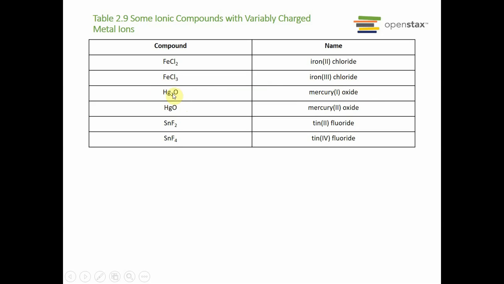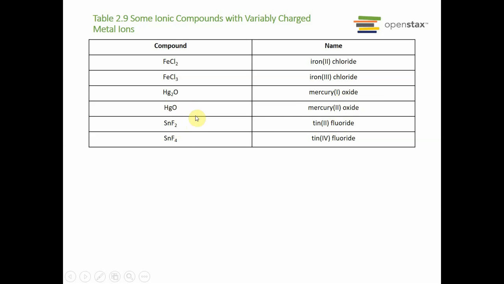Mercury, without the subscript 2, also bears a 2+ charge, but this is on only 1 mercury atom, and so it's mercury(II) oxide.